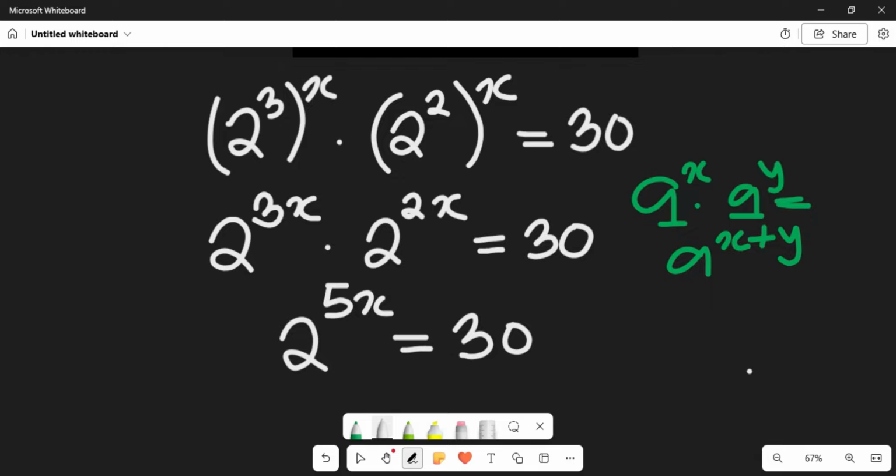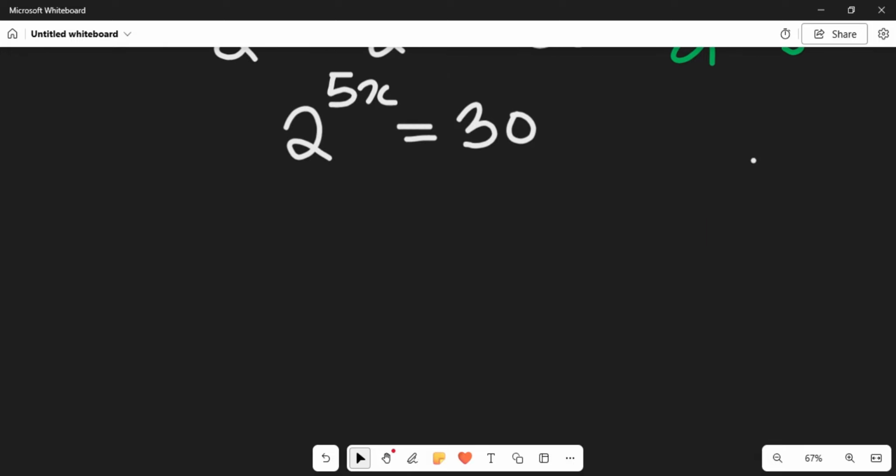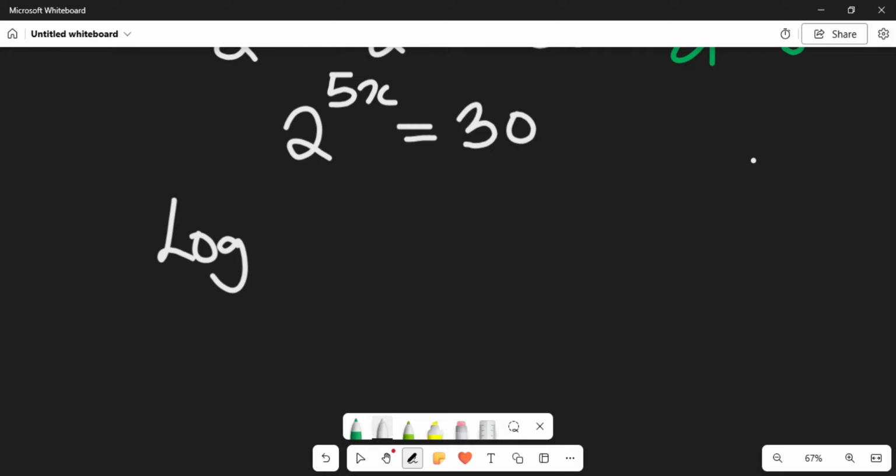Now, much simplified, but the question now is, can we easily solve this without the use of logarithm? Of course, we can't. So we apply the laws of natural logarithm or the laws of log. Now, if we apply the law of logarithm, we'll have the log of 2 to the power of 5x equal to the log of 30.